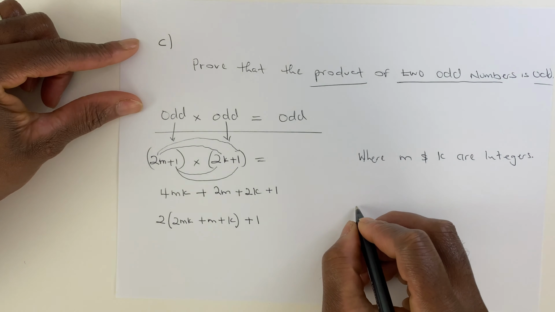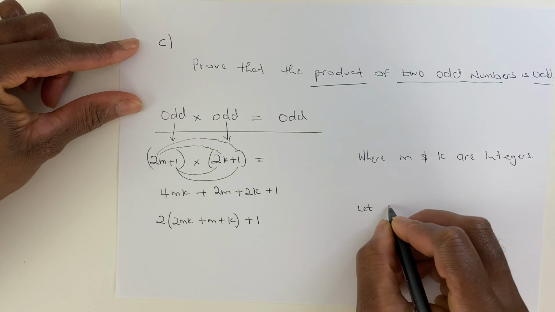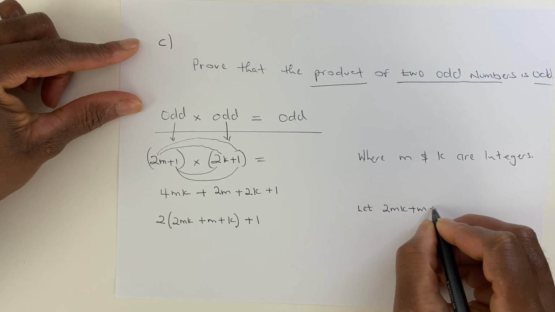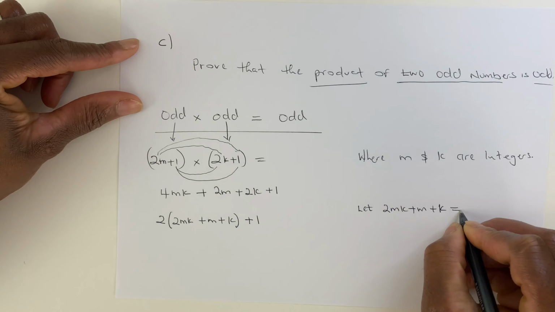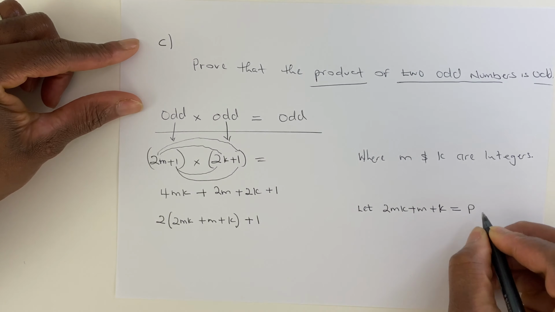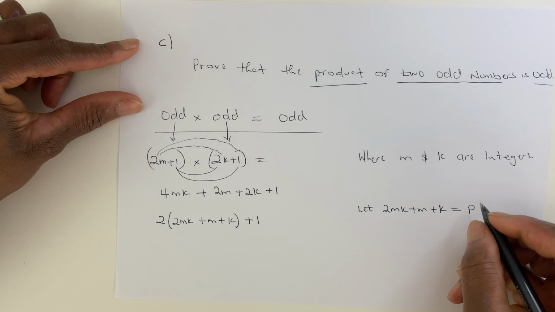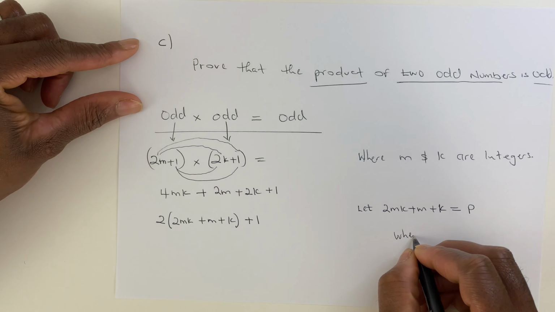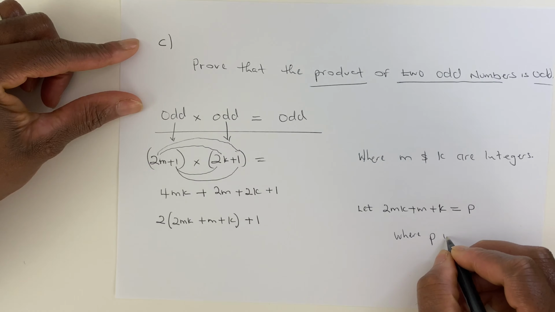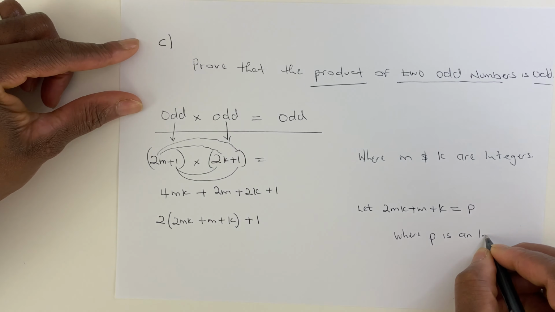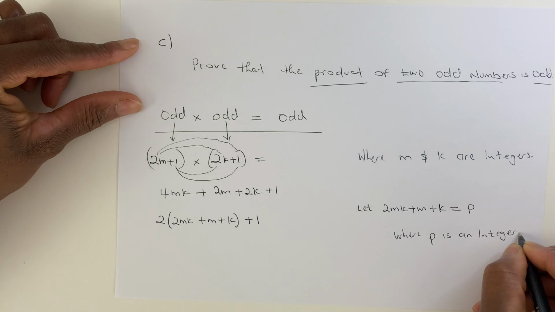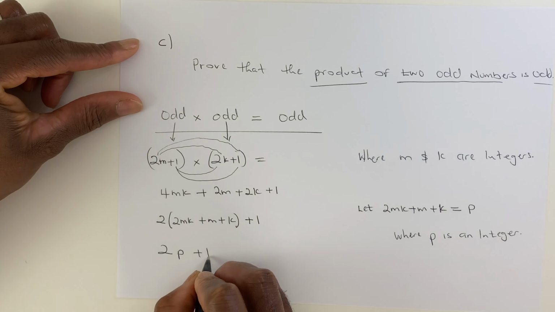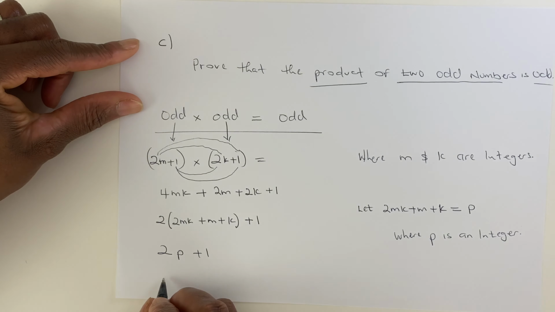So if I let 2mk plus m plus k equal p, where p is also an integer, therefore I'm going to get 2p plus 1, and that's an odd number.